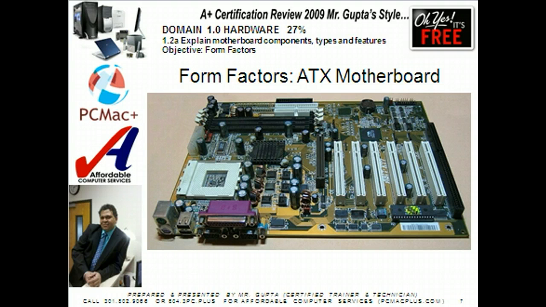ATX. ATX is Advanced Technology Extended. That was a motherboard form factor specification developed by Intel in 1995 to improve on previous de facto standards like the AT form factor.